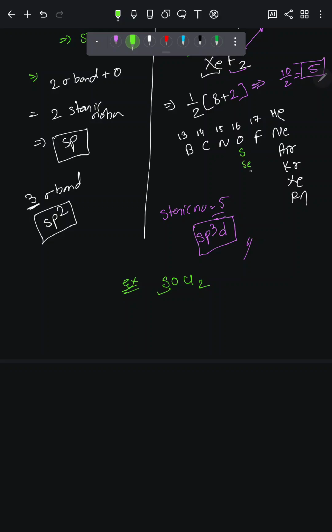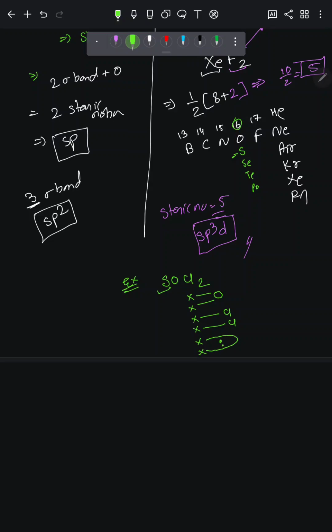Sulfur has 1, 2, 3, 4, 5, 6, so 6 valence electrons. Oxygen will form a double bond, so 2 bonds go to oxygen, 1 to chlorine, and 1 to chlorine, and 2 electrons are remaining, so it will be a lone pair here.